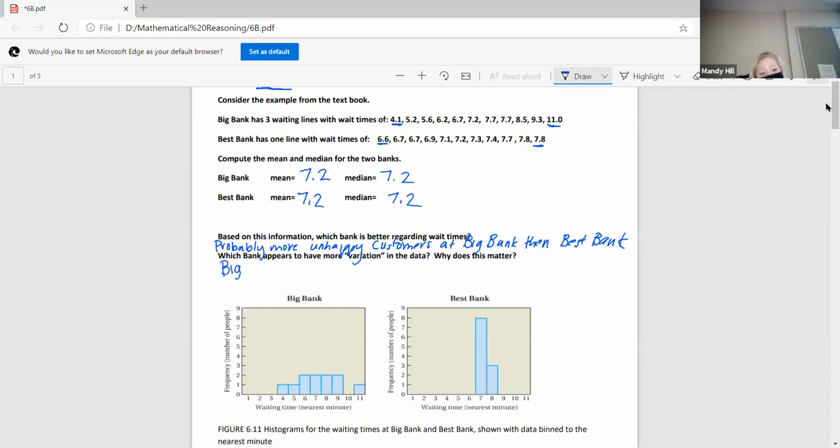We would say Big Bank has more variation than Best Bank. And basically, the people at Best Bank feel like they're being treated more equally because their wait times are about the same.